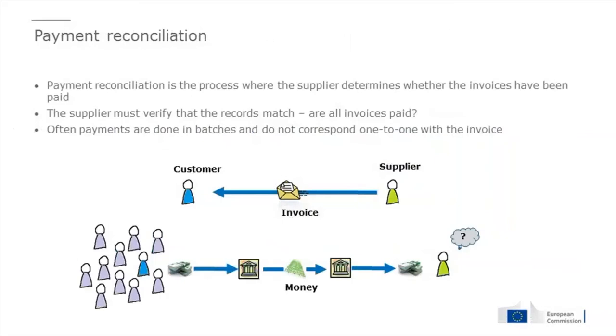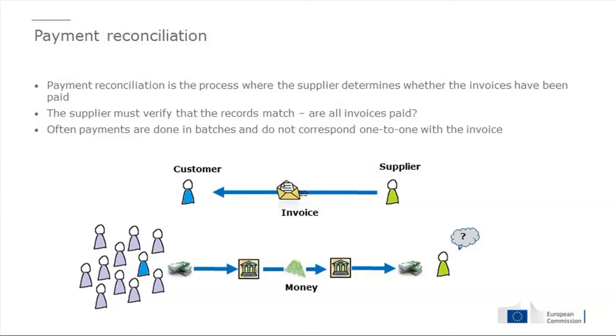And for the payment reconciliation process, so far we've been looking at e-invoicing and how it's been created, how it's been sent and received, processed, and then it gets paid. We just refer to that. But a few things were mentioned about the payment process.